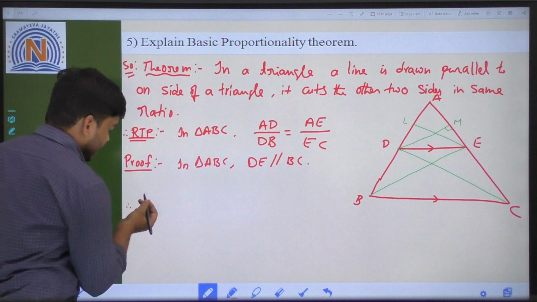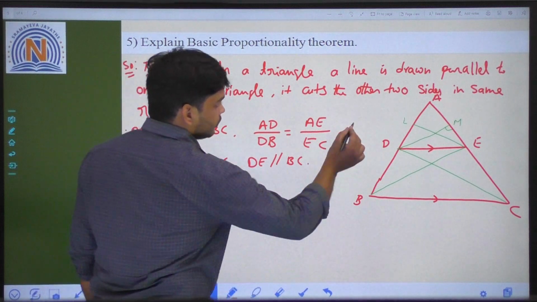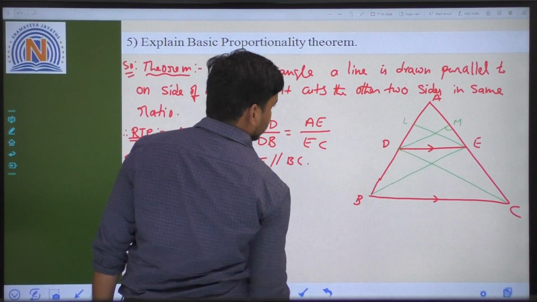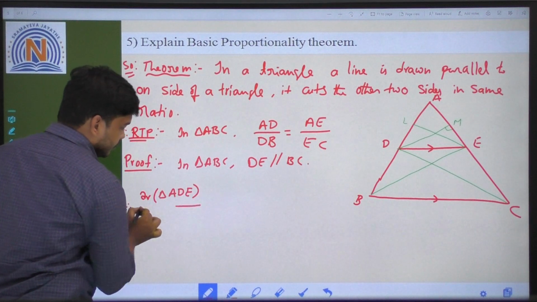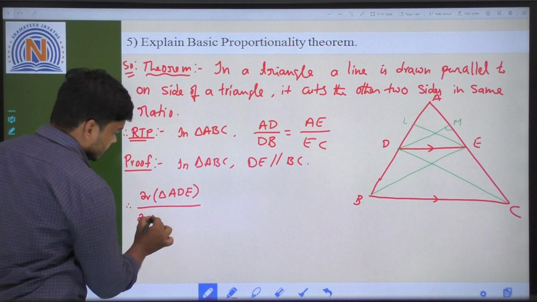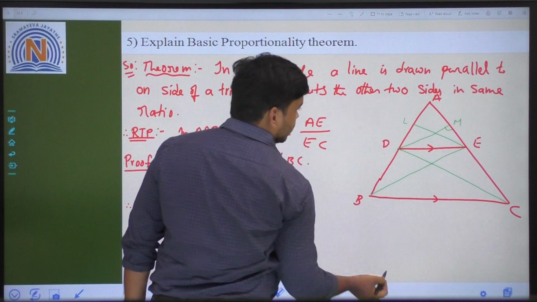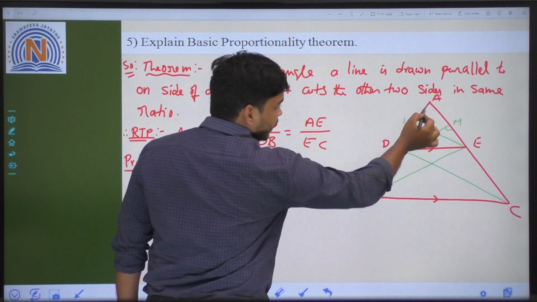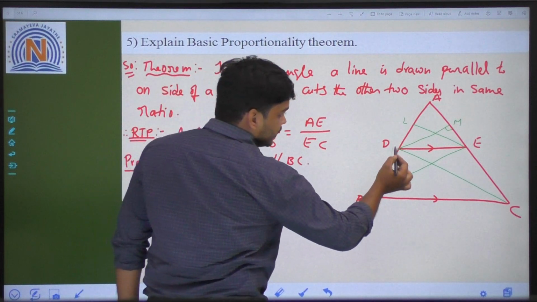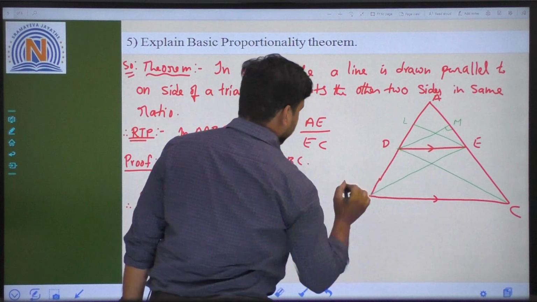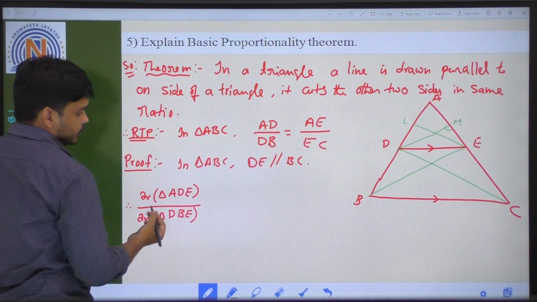Now I am taking the area of triangle ADE. Area of triangle ADE by area of triangle DBE. I am taking AD as base, right?